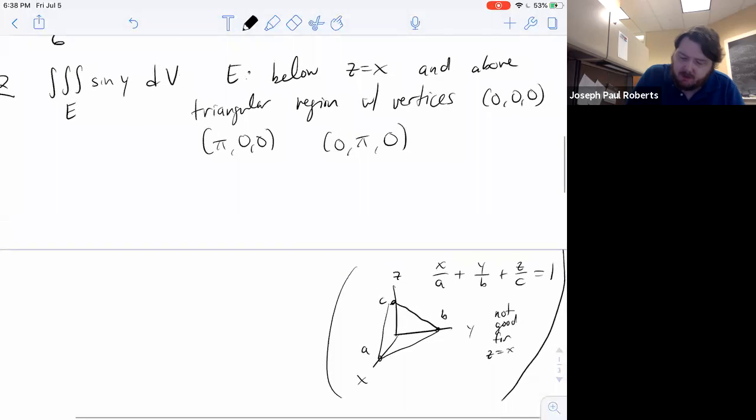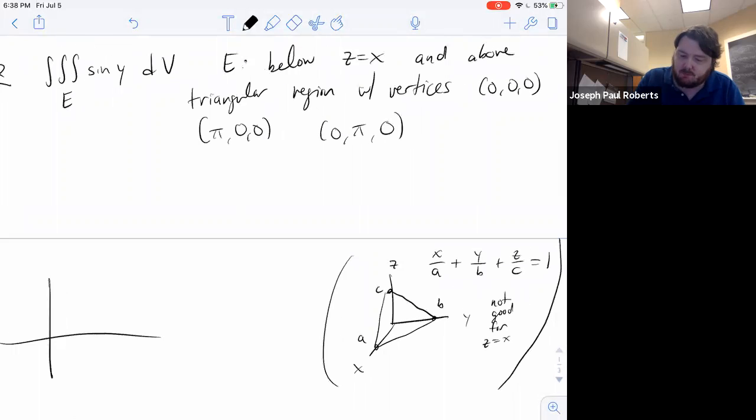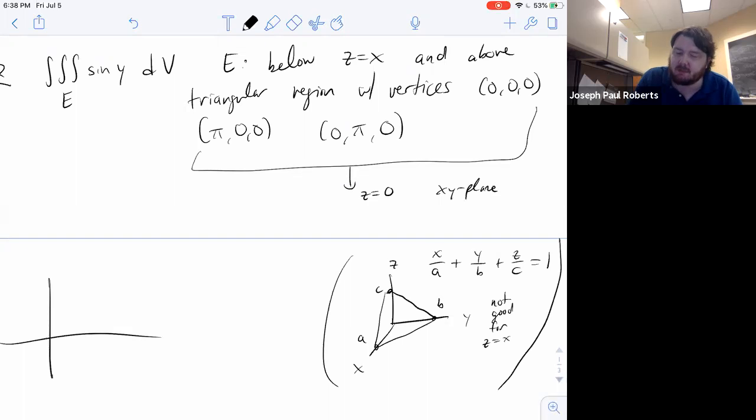I guess this triangular region, we can sort of draw that: 0, 0, 0, pi, 0, 0, and 0, pi, 0, those are all in the xy plane, right? Because the z-coordinate is 0. So if I draw that, that's sort of here. So pi, 0, 0. If this is my x-axis, this is my y-axis, I have 0, pi, 0.